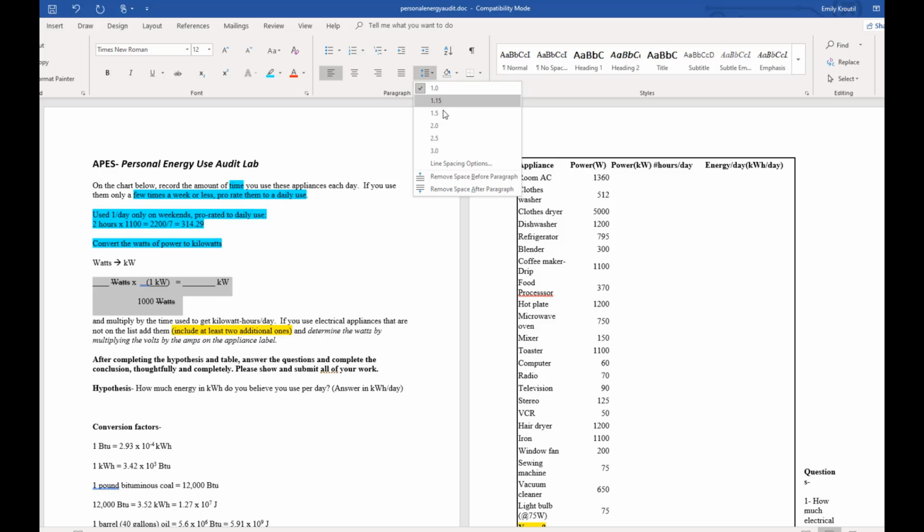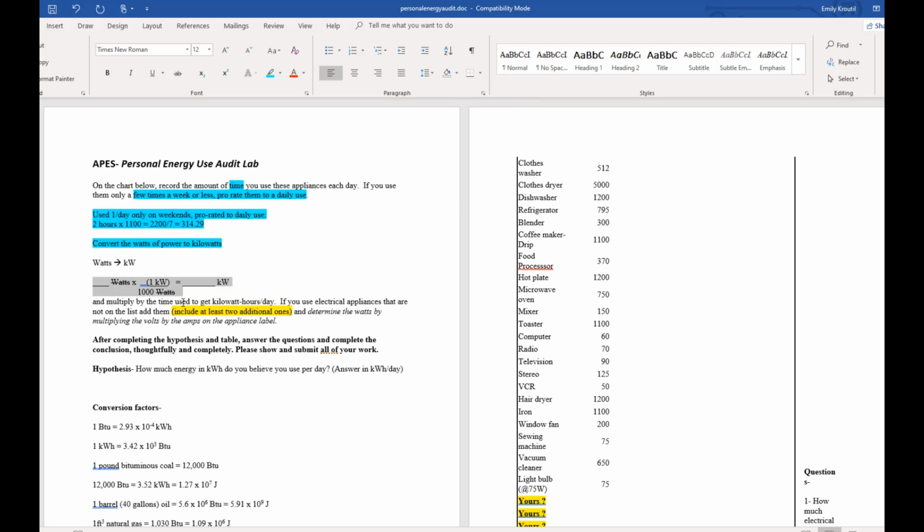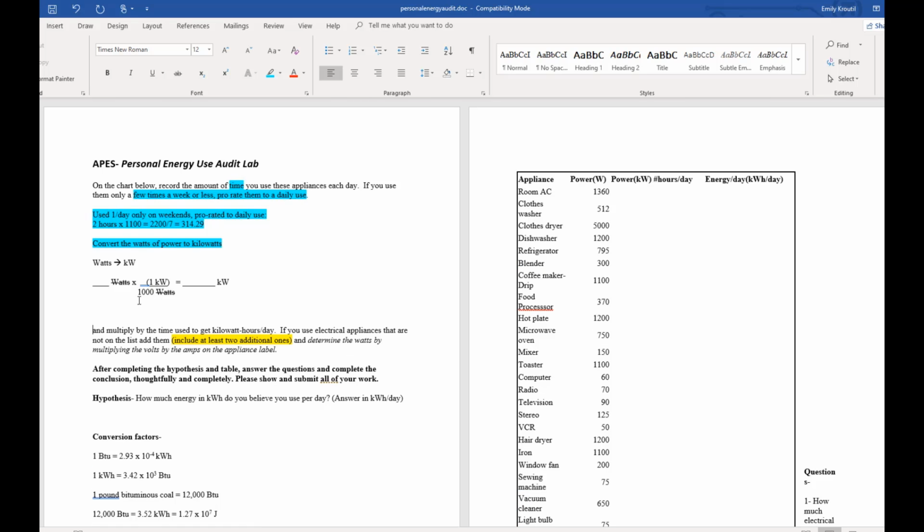Let me remove these spaces. Okay, there we go. So that makes a little more sense. I'll highlight that. And multiply by the time used to get the kilowatt hours per day.